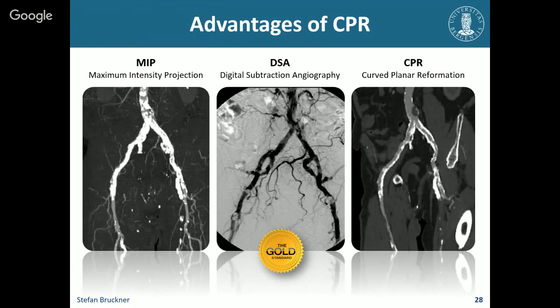We are also comparing to DSA, which is an invasive technique using X-ray, where the patient is injected a contrast agent, and the difference between not contrast enhanced and contrast enhanced is investigated. That's still sort of the gold standard, but of course it's quite invasive. We can recognize the same types of pathologies and can judge, for example, whether there's a viable lumen. And we don't see that in the MIP image, really.